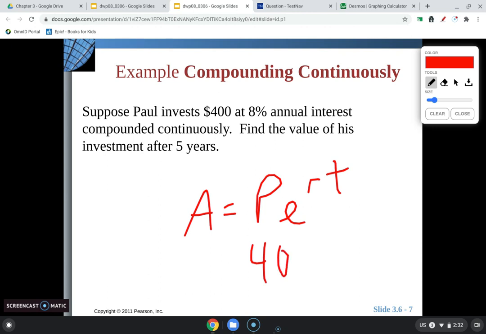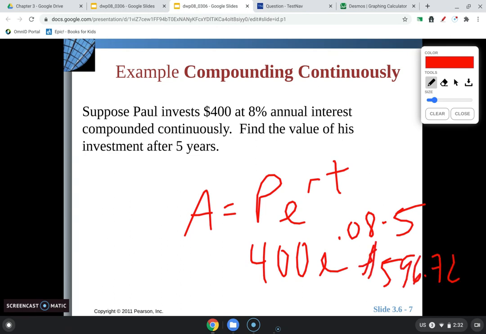So principal is 400 times e to the rate of 0.08 times 5 years. So 400 times e to the 0.08 times 5. Make sure you have that all up there. 596.72.